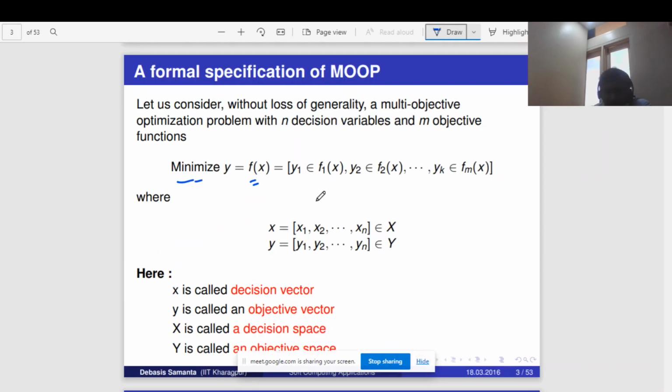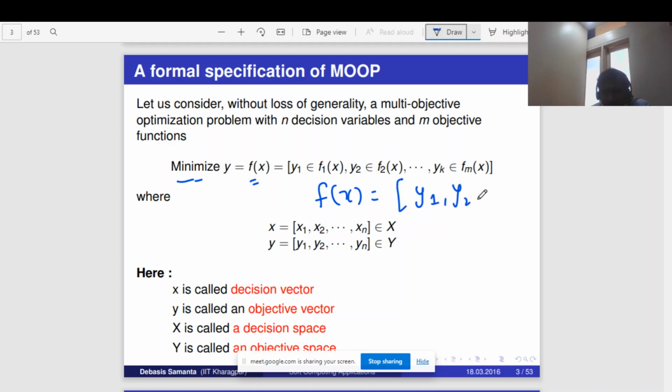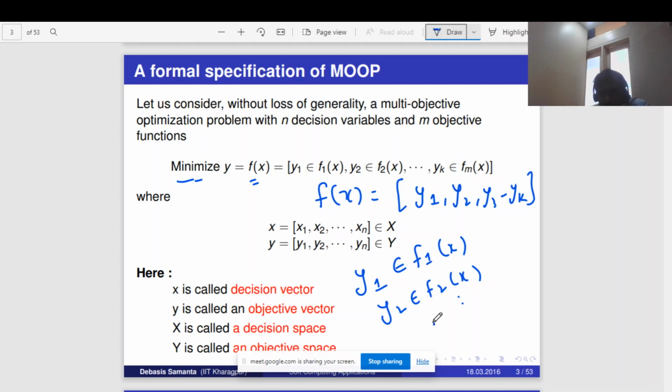From this, what you can observe is that f of x is equal to y1, y2, y3 up to yk, where y1 belongs to f1 of x and y2 belongs to f2 of x, so on and so forth up to ym belongs to fm of x.